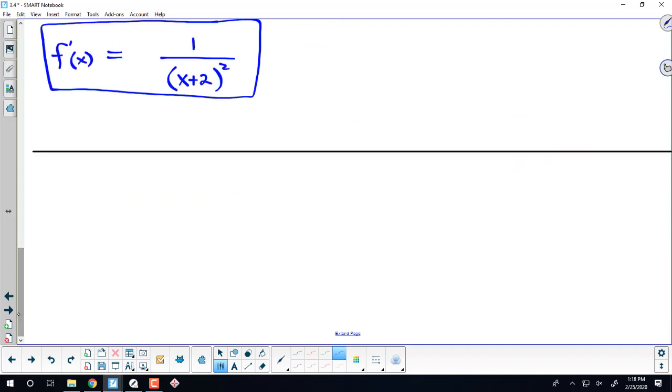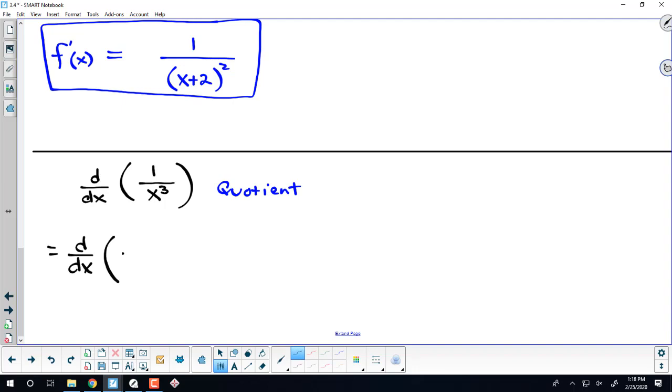Okay, so we'll look at a couple more. When we look at things like taking the derivative of 1 over x to a power, let's say 1 over x cubed, we've got two ways to look at that. We can look at it either as a quotient, or we could say that's the same thing as taking the derivative of x to the -3rd power and use the power rule there.